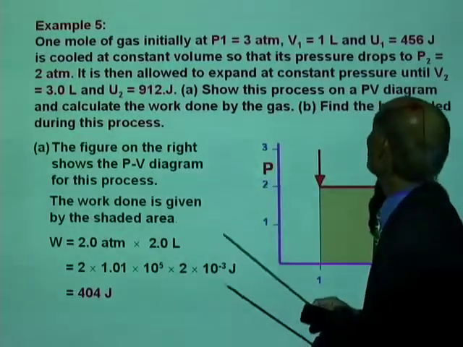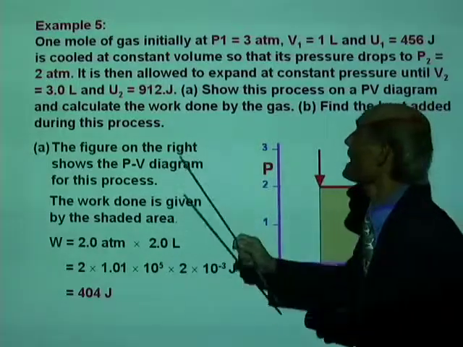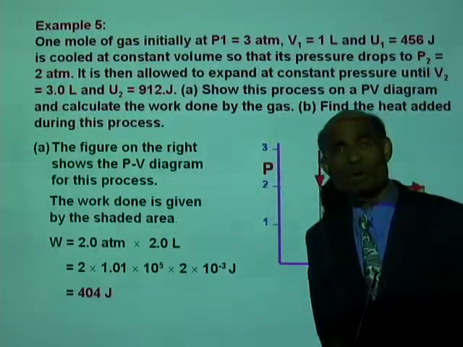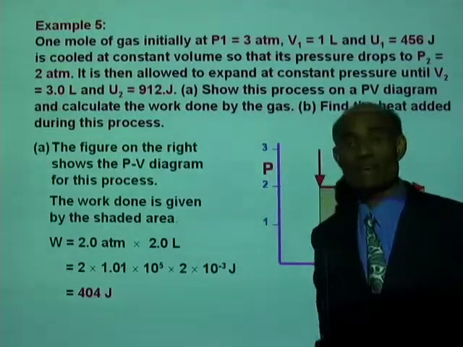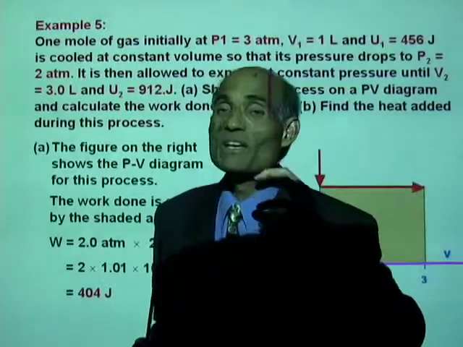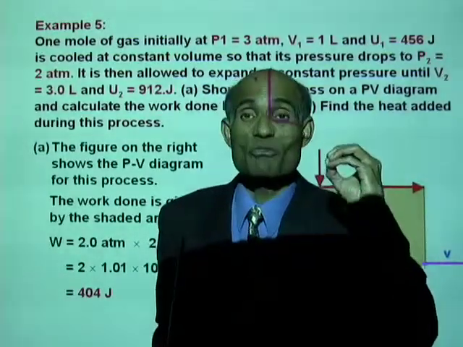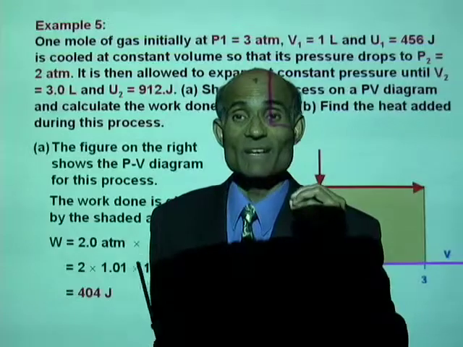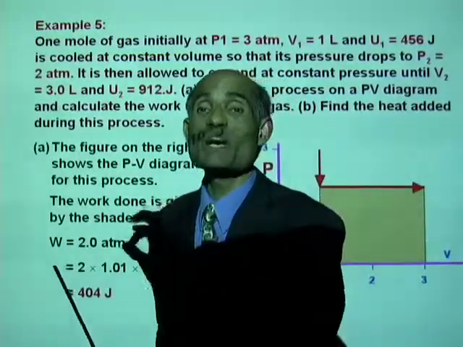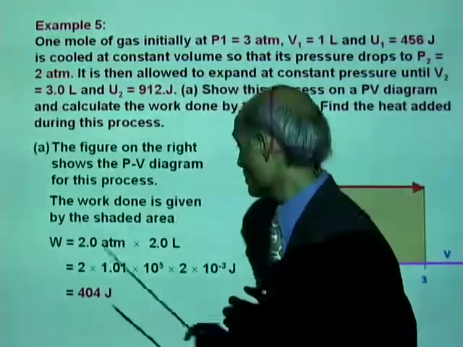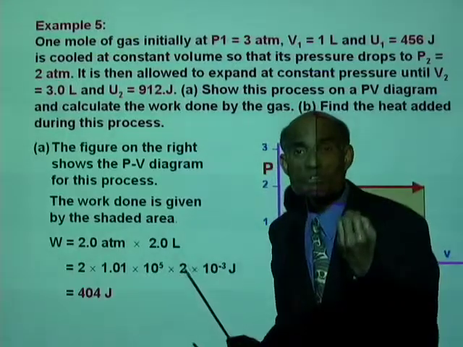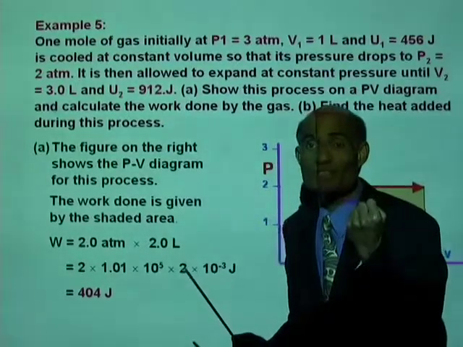What else do we need to do? Find the heat added during this process. Well, can you do that problem on your own? Find the heat added. What is the equation for heat added that we obtained in the beginning of the first law of thermodynamics? dQ equal to dU plus dW. Is that right? We know dW, the work done. Do we know dU, the change in the internal energy?